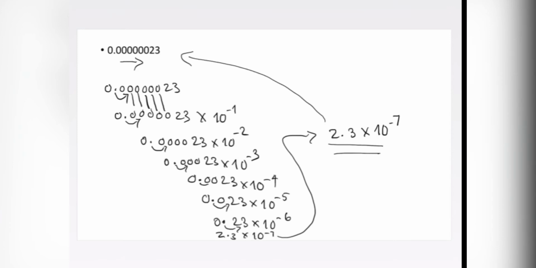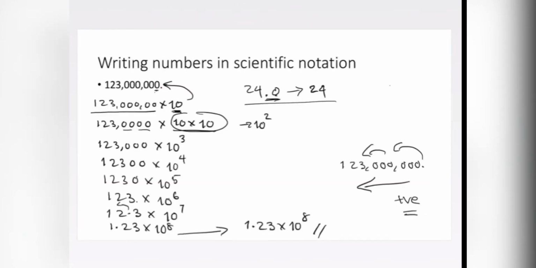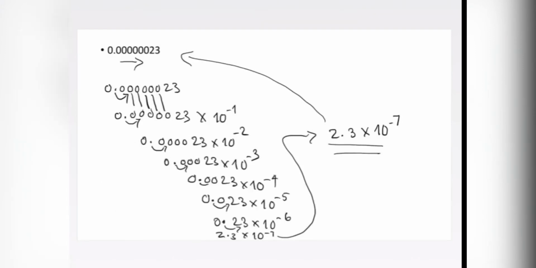So what you have understood: when your decimal point is moving left hand side, your power is going to be positive form. And when your decimal point is moving right hand side, your power is going to be negative form.